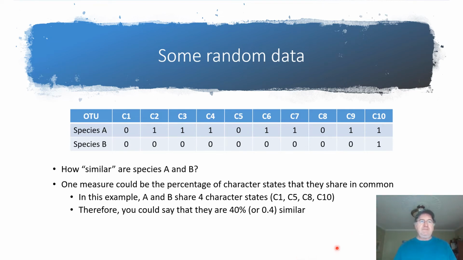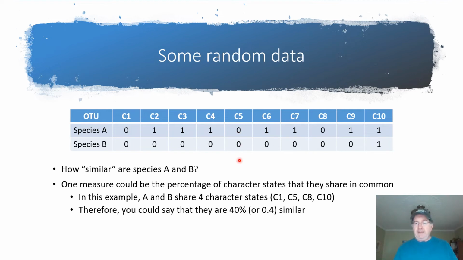So in this simple-minded example, we could simply look at, well, how many character states, or what percentage of the character states of these two species have in common. And we can see in this case that there are 4 character states. Let's see. They both have character 1 with state 0, character 5 with state 0.